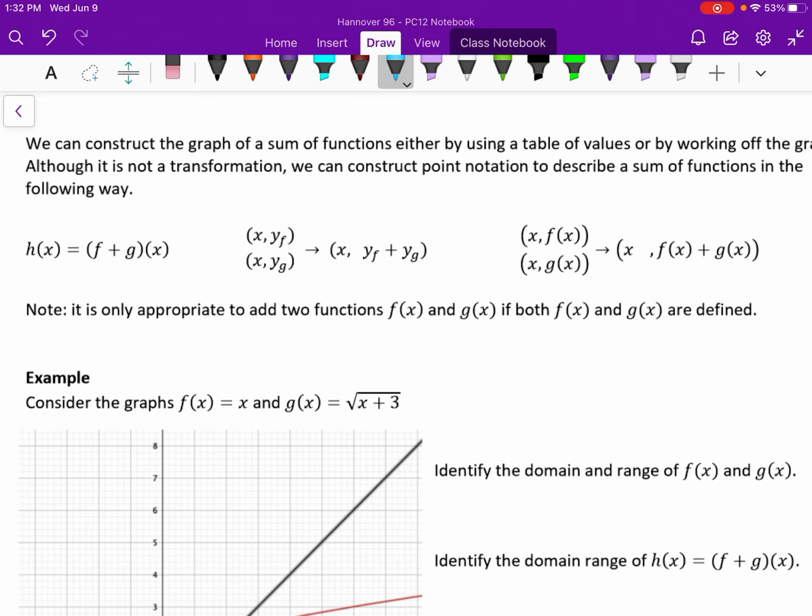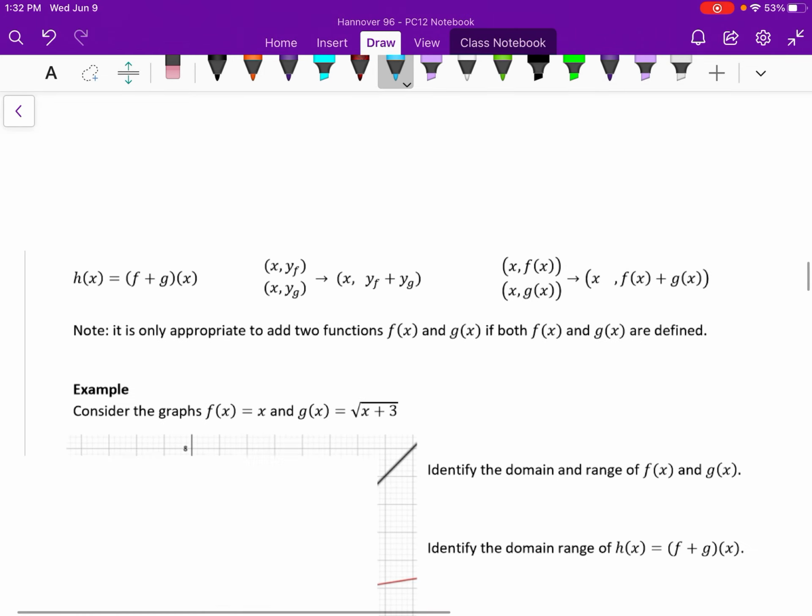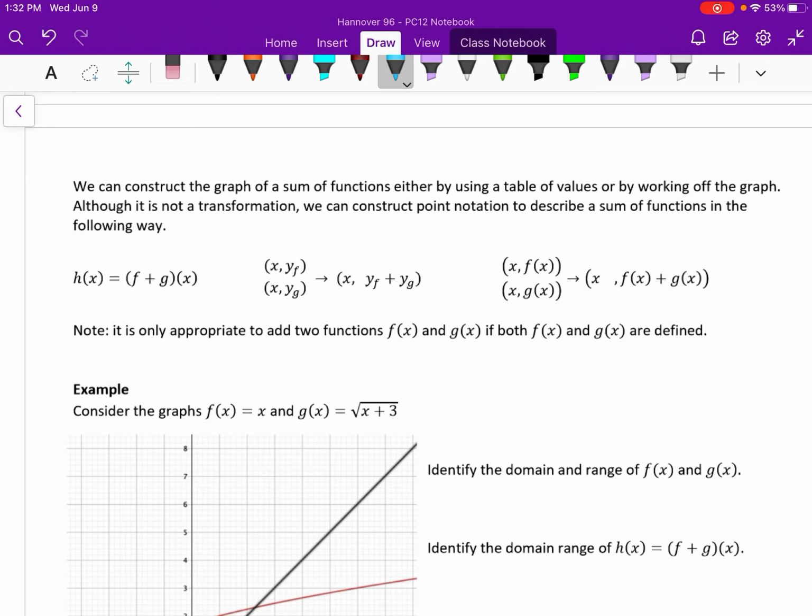So we can construct the graph of the sum of functions either by using a table of values or working off the graph. Although a function is not a transformation, we can construct point notation to describe the sum of functions in the following way. So h of x is equal to f plus g of x, and I've named f and g just arbitrarily.